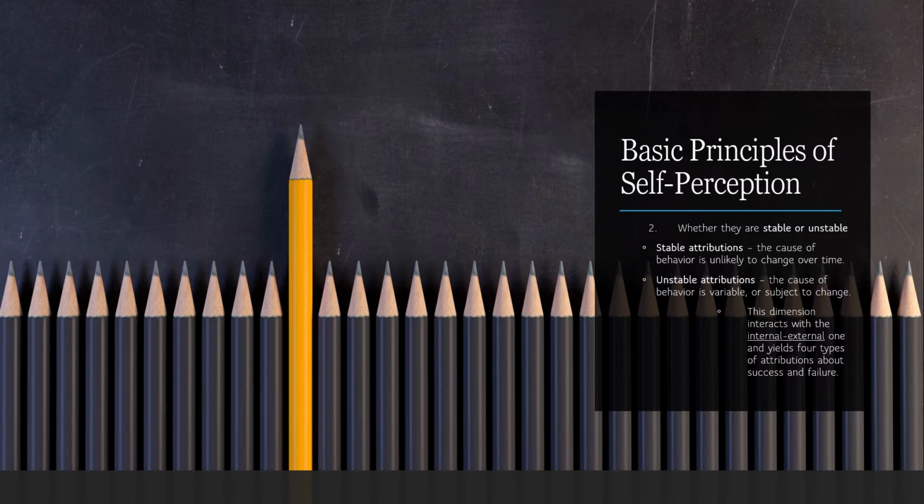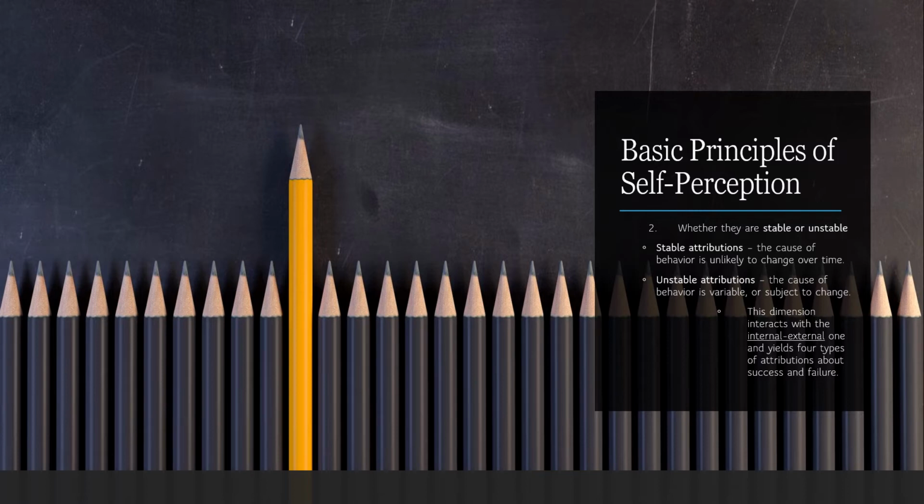Now, what's interesting is that research suggests this can affect our motivation. As I'm imagining you could see, if you think that you tend to not do very well when you take tests, and that's a stable attribution, are you going to be very motivated to study or to even try hard when you take a test? You might be less motivated.